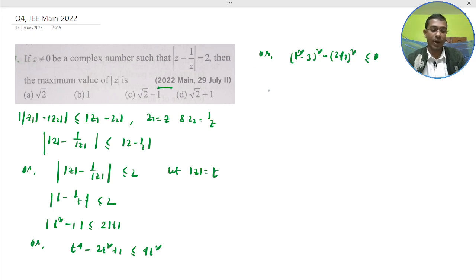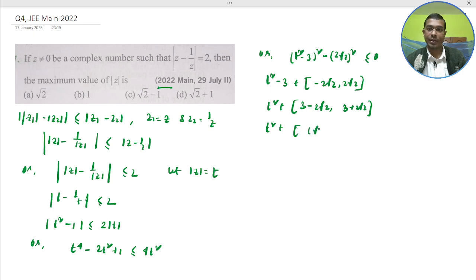So you have to find the two values. First, t square minus 3 belongs to minus 2 root 2 and 2 root 2. Next, t square belongs to 3 minus 2 root 2 and 3 plus 2 root 2. Next, t square belongs to (root 2 minus 1) whole square and (root 2 plus 1) whole square. These are the values of t.